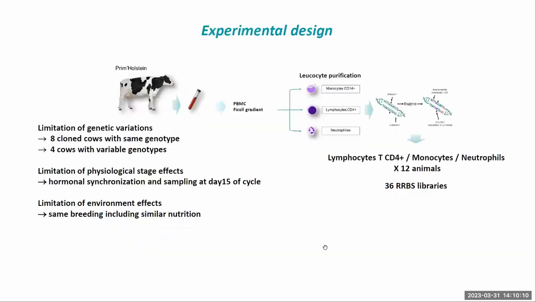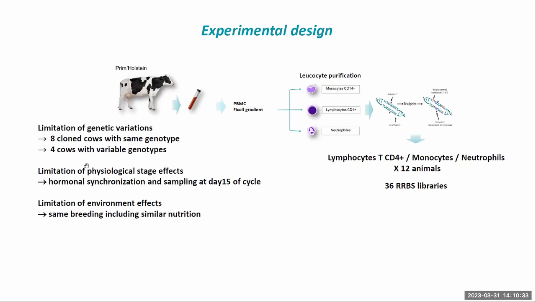We use a very particular experimental design because we limited the genetic variation: we use cloned animals, and all these animals have exactly the same genotype, and we added some cows with variable genotypes.